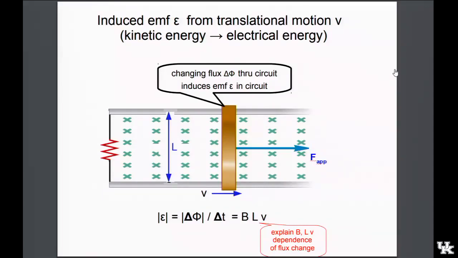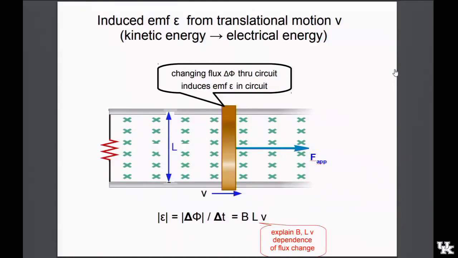What about the length of the rod? This equation also depends on L, the length of the rod. Does that make sense? Well, imagine if I push the rails closer together and use a shorter rod and move it up and down.